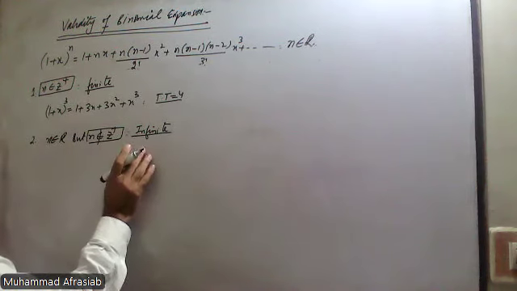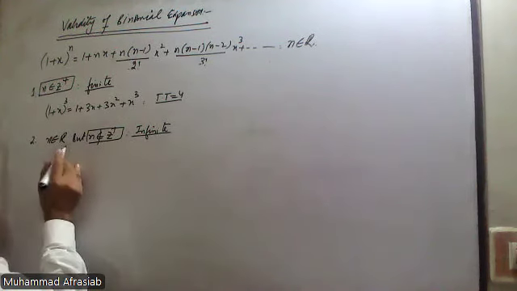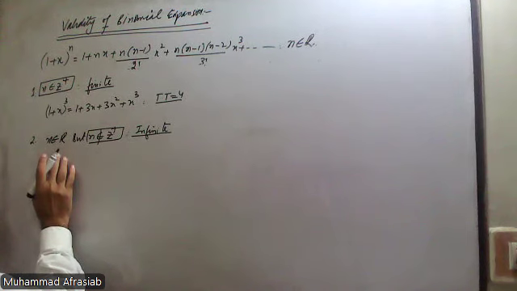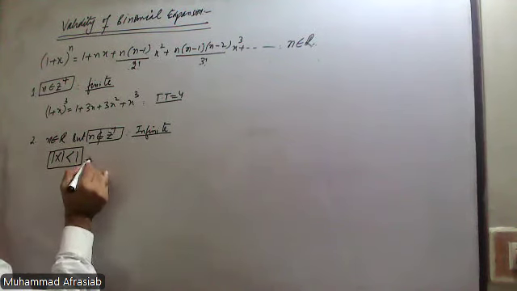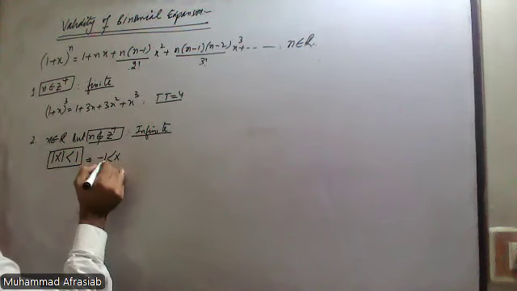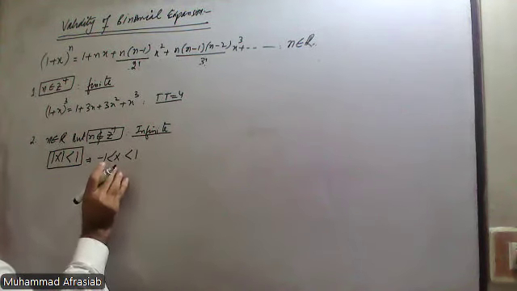Remember one thing: for validity when n is not a positive integer but a real number, the modulus of x should always be less than 1. This becomes x greater than −1 and less than 1. Now we take separate examples for this case.